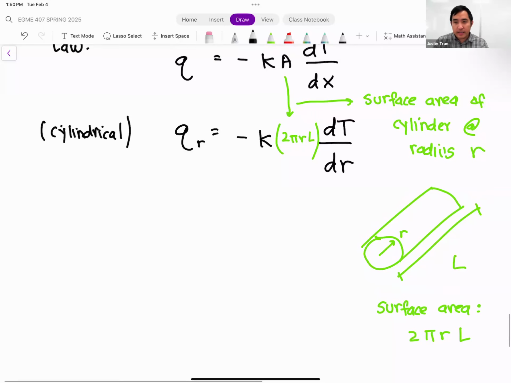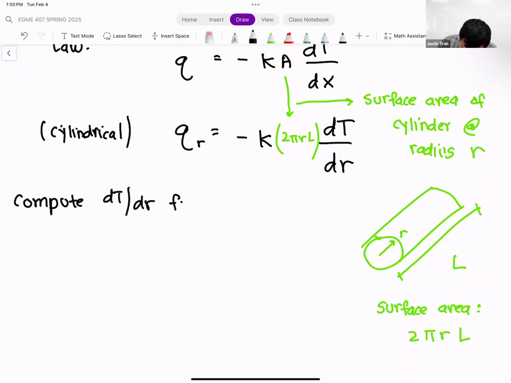So let's take this and compute it for our hollow cylinder. The main thing we have to compute is dT/dr.